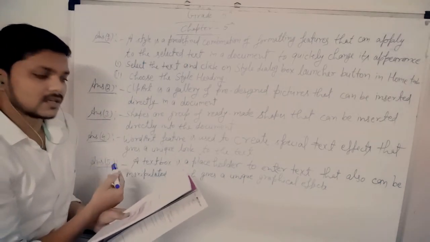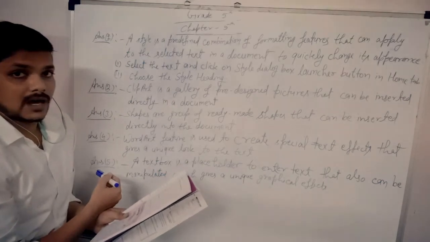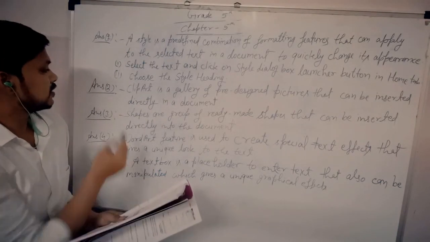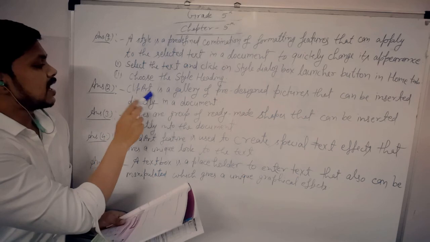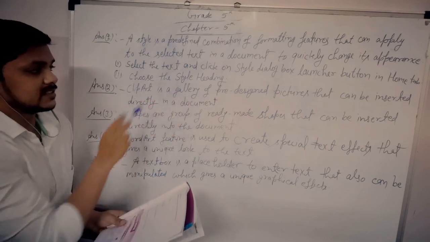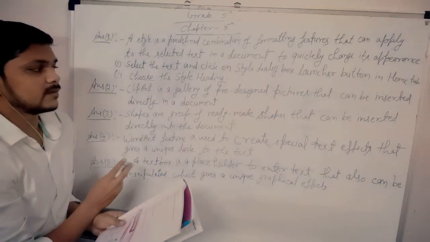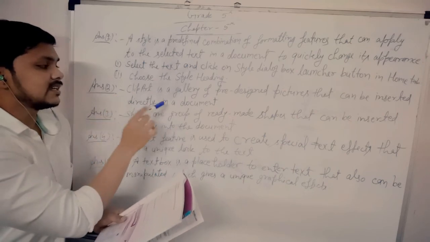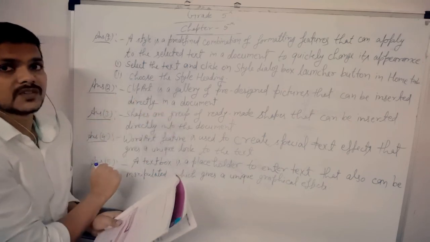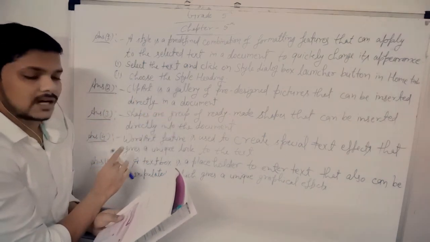Second question is, what is clip art? We have discussed this before. The answer is, clip art is a gallery of pre-designed pictures that can be inserted directly in a document. Next question is, what are shapes?